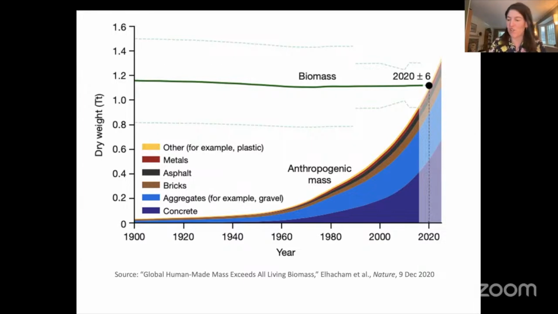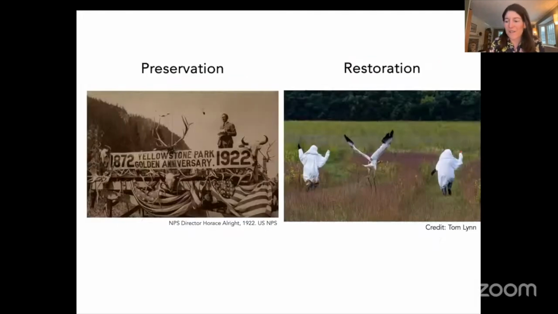Of course, societies have formally managed their relationships with other species for millennia. Preservation and restoration in this way are really nothing new, as the archaeologists in the room will argue to us. But today's two most dominant land management practices, preservation and restoration as we know them and as we practice them, have their roots in the late 19th and early 20th century.